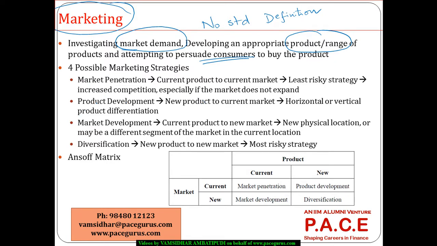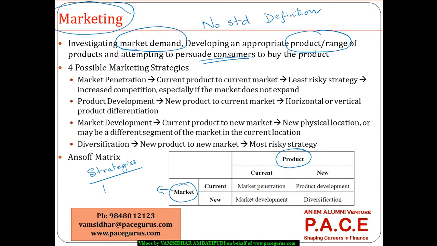Now, if we see, the whole marketing dimension is the strategy. The four major strategies with respect to marketing rely on two important dimensions. One is the product, two is the market.